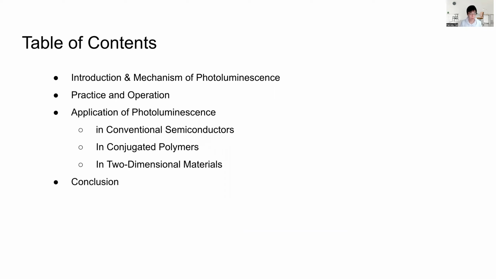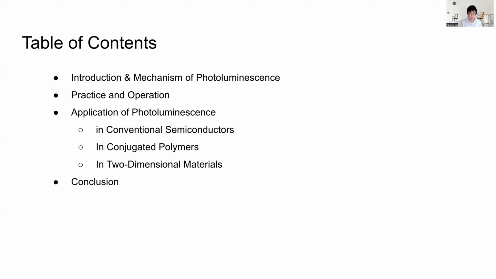So here is a table of contents for our presentation. Throughout our presentation, first we're going to talk about what is photoluminescence, and we'll go into more details into the mechanism of photoluminescence. And then we'll go into more details about the practice and the operation and the instrumentations of the photoluminescence.